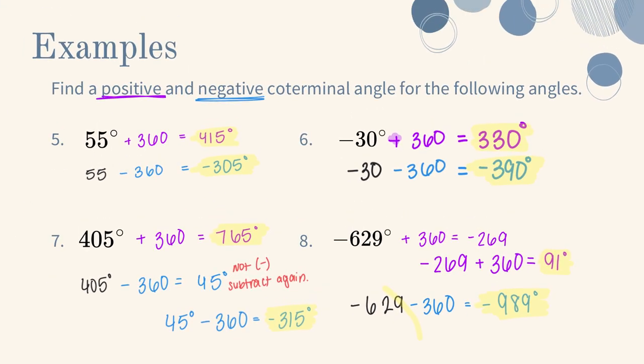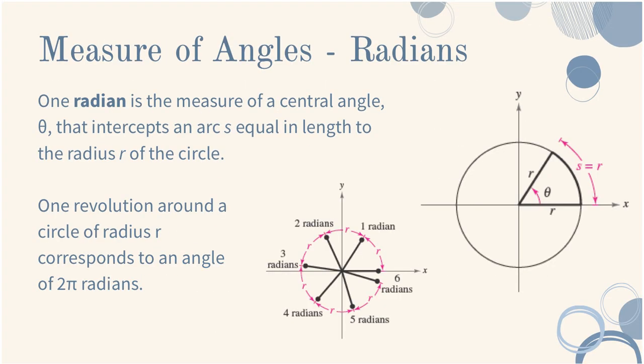Again, you need both a positive and a negative coterminal angle. So make sure you're going all the way to something that's positive and all the way to something that's negative. Keep in mind these are in degrees. In the next few examples, you're going to see ones that are in radians, and you're still finding positive and negative. All right, measures of angles could also be written as radians.